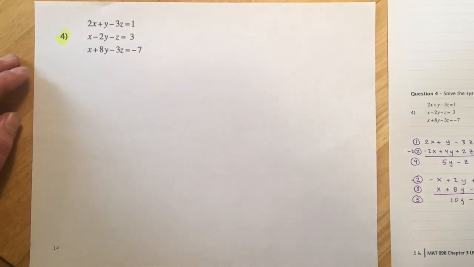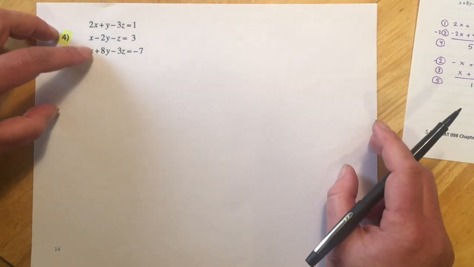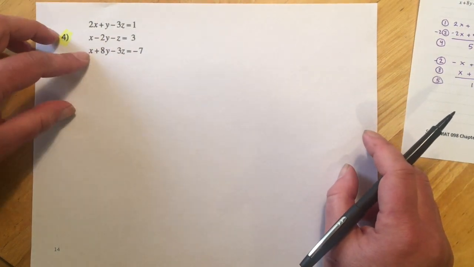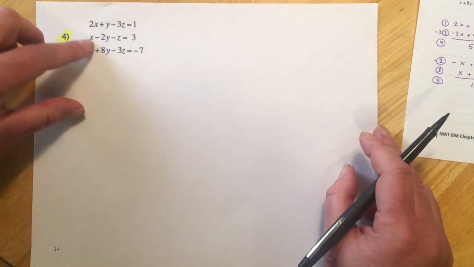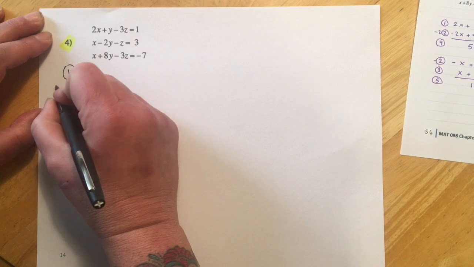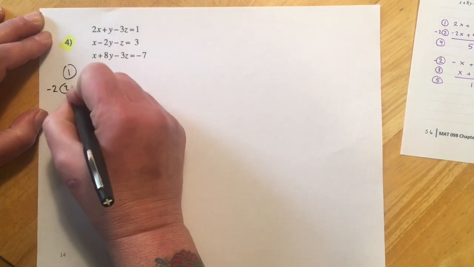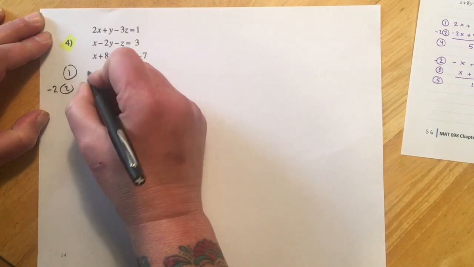Okay, and this is the matched one I'd have you guys do in class. For this example, I went with eliminating x's. Again, you could do any of them, but the x's looked kind of the easiest, so that's what I picked. And so I'm going to do equation 1 and negative 2 times equation 2, and that's going to get me those.